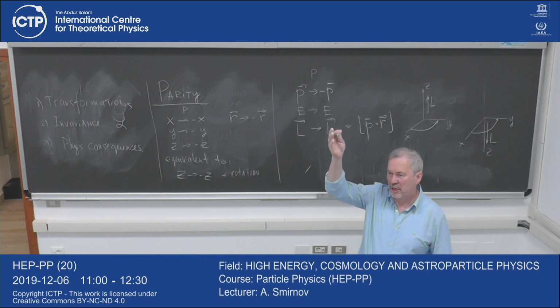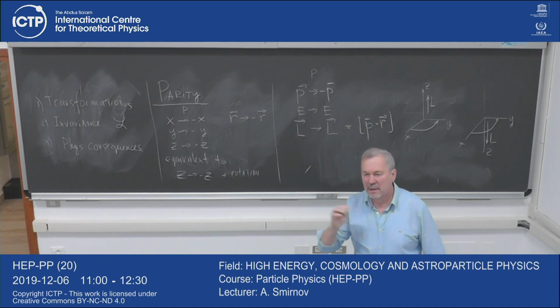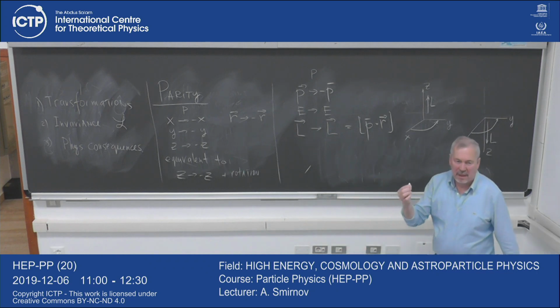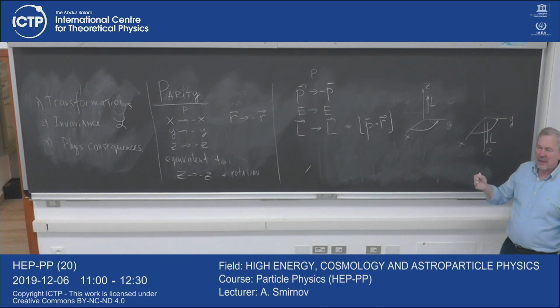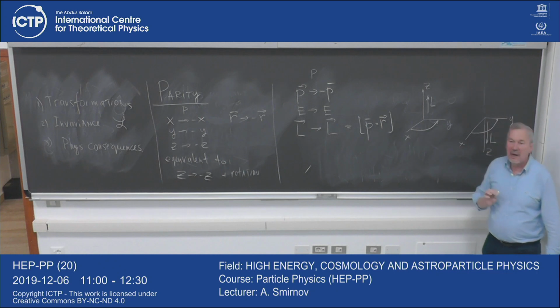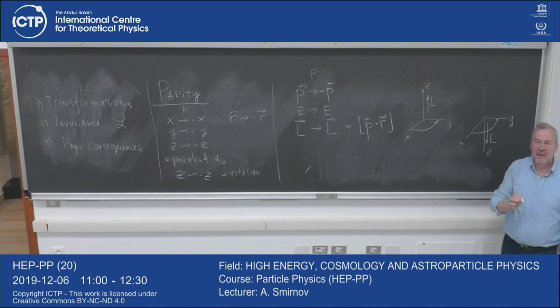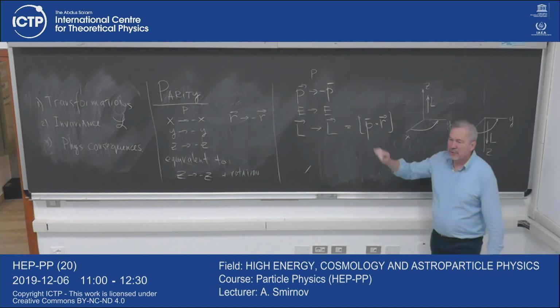If you change from this coordinate to that one, nothing is changing. So you have the same rotation. And again, the direction of L is our convention. This is how we decided to do this. But the direction doesn't change, and therefore L shouldn't change.